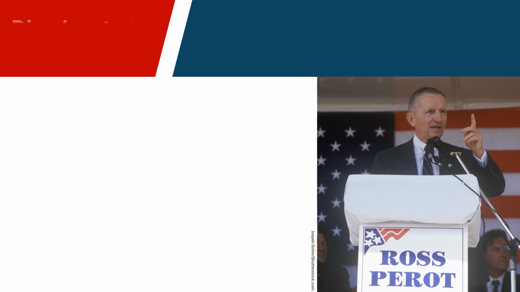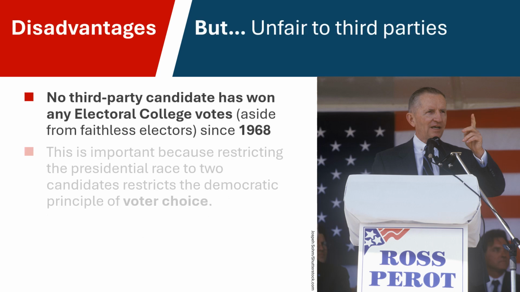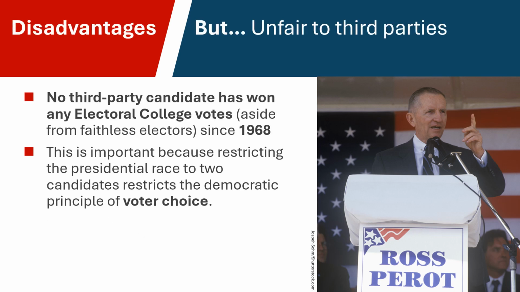No third-party candidate has won any Electoral College votes, aside from faithless electors, since 1968. This is important because restricting the presidential race to two candidates restricts the democratic principle of voter choice.